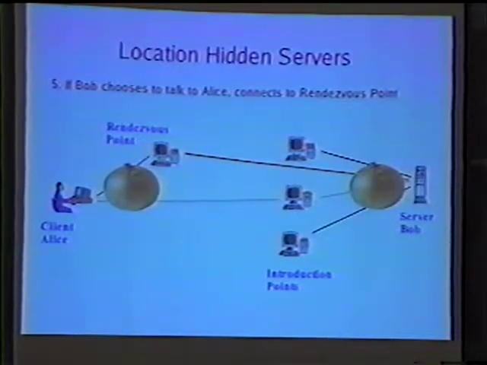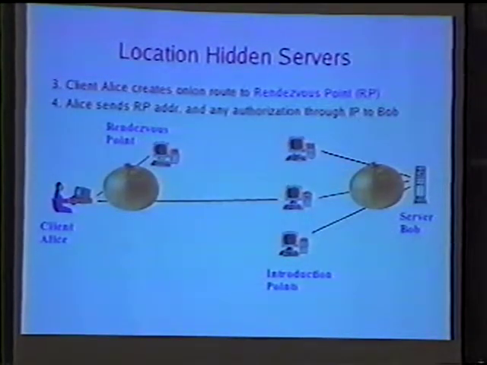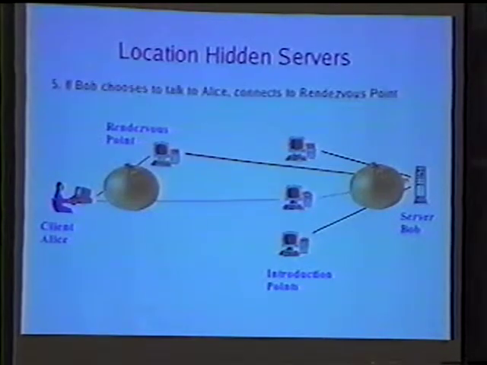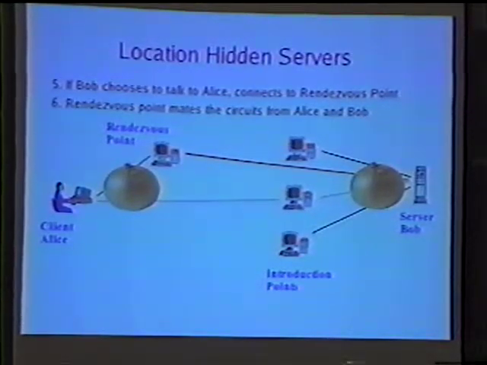And actually, at this step, another detail, she sends the g^x encrypted to Bob's public key. So nobody but Bob could possibly have produced something that generates the g^xy that they're going to use to talk back and forth. So Alice gets authentication to know that she's talking to the Bob she means to be talking to, and they share a key. And then the rendezvous point just passes stuff back and forth.